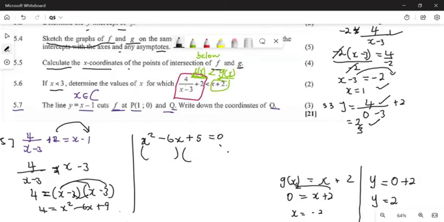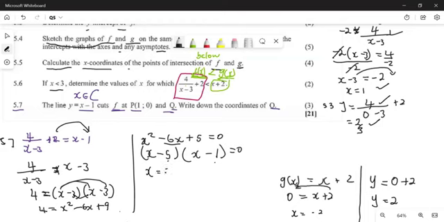Let's factorize this then. x and x again, and then we have minus 5 and minus 1. Minus 5 and minus 1 give us minus 6.